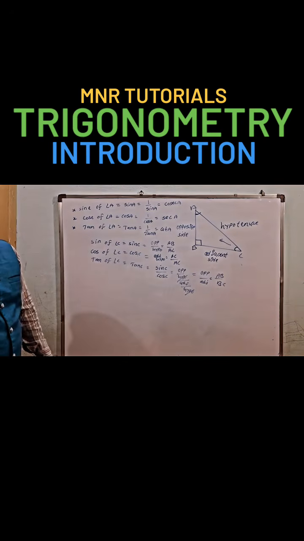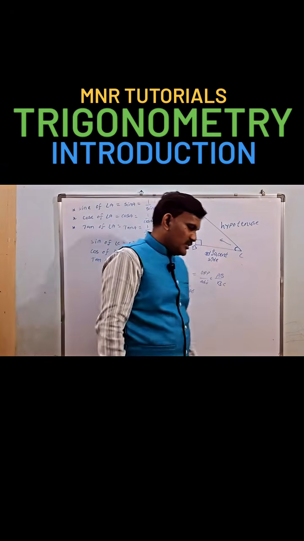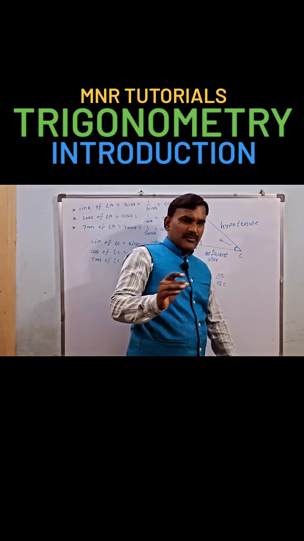Is it clear, students? Now one example problem. For example, tan A equals 3 by 4.